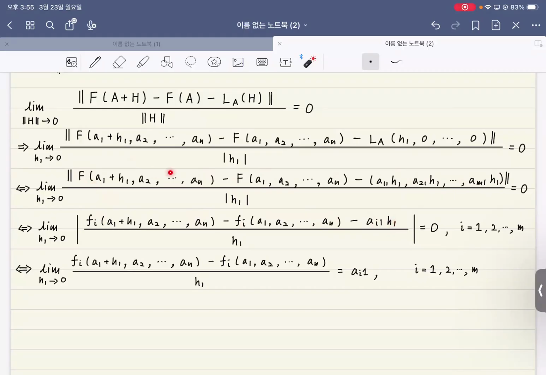We are just taking the i-th component of each of these vectors. And this guy tending to 0 means that each of the components should also tend to 0 as H1 is tending to 0, right? So we have such an i-th equation. Even though I have written just i, this is not just a single equation. These are a collection of m such equations. This guy is tending to 0 if and only if all these m limits must also be 0.